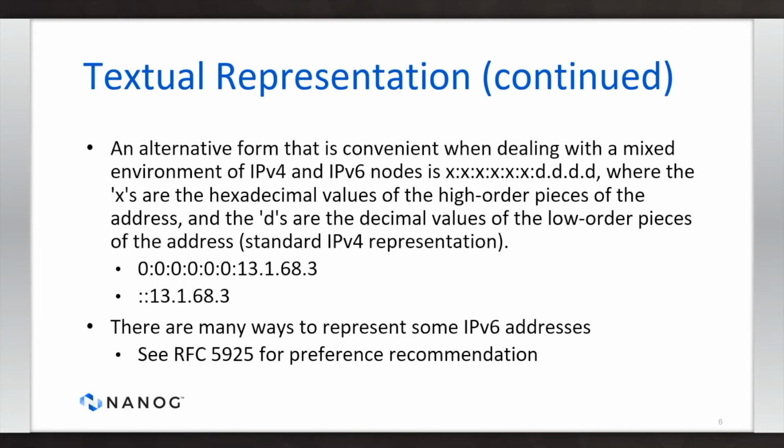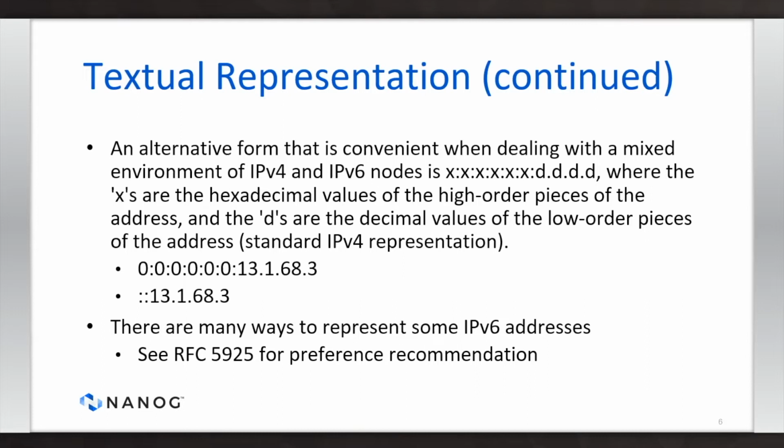And the low order bits are plain old IPv4 addressing, where each D represents 8 bits. And that's very convenient in environments where you're using some transition mechanisms to make IPv4 and IPv6 interoperate.